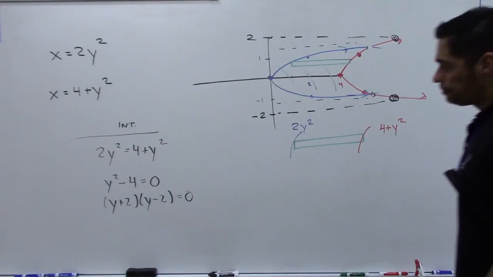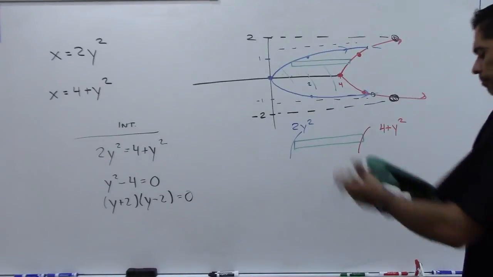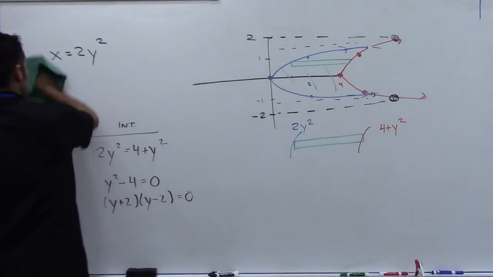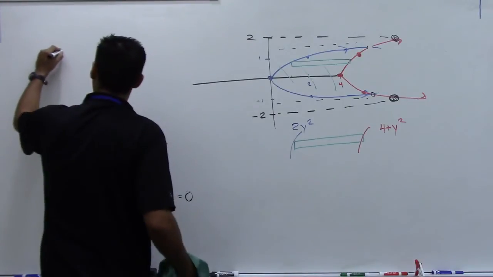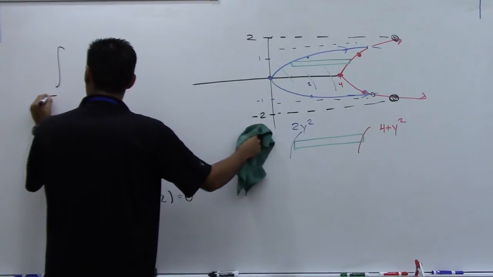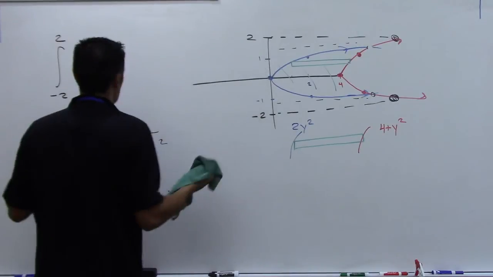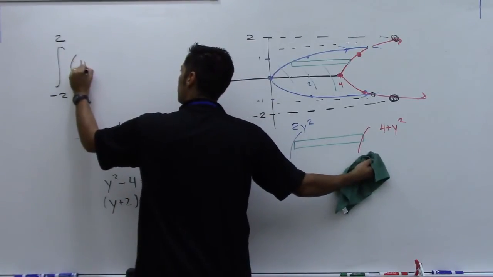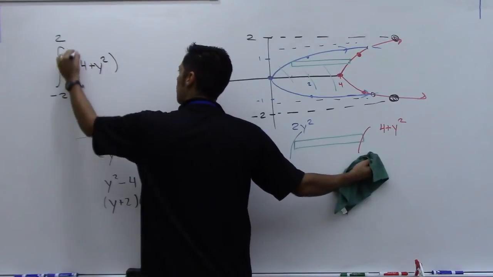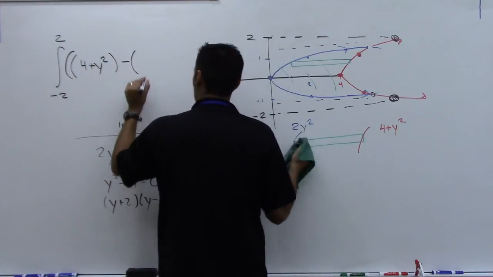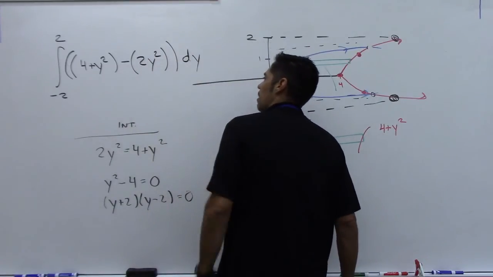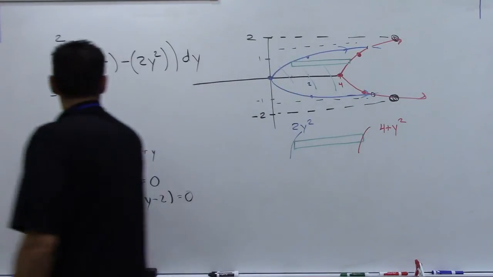All right, so now I can set up my integral. Should be able to do that right here. Integral, the y value starts at -2, stops at 2. And then it's the function on the right side, 4 plus y squared, minus the function on the left side, which is just 2y squared. I didn't need the parentheses on the 2y squared, but I may as well.